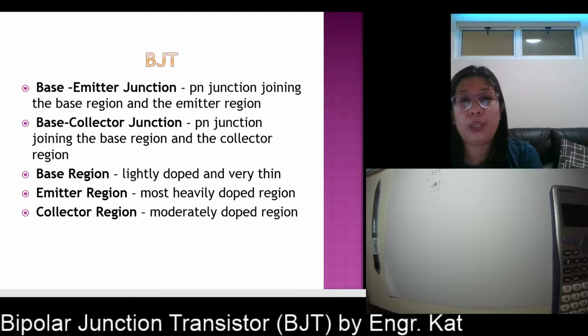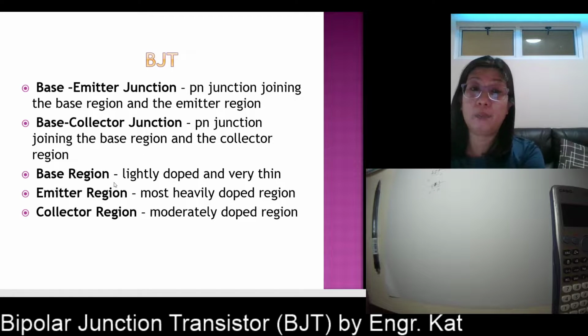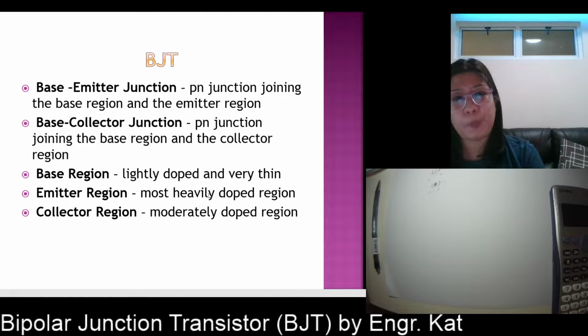When you say heavily doped, lesser resistance, and when you say lightly doped, the base region is the most lightly doped, and it is very, very thin compared with the emitter and the collector region. So among these three regions, the base region has the highest resistance. The most heavily doped has the least resistance.